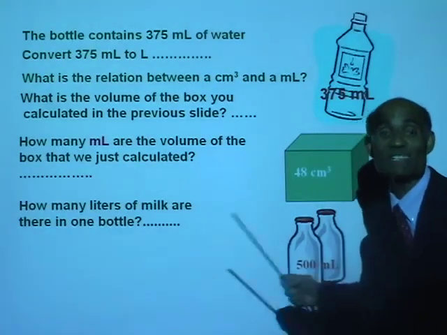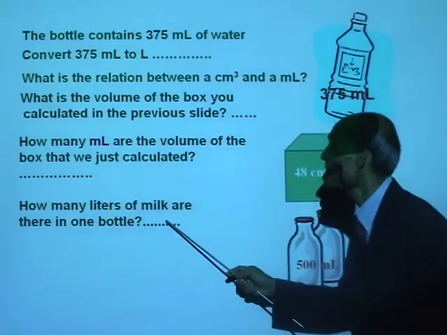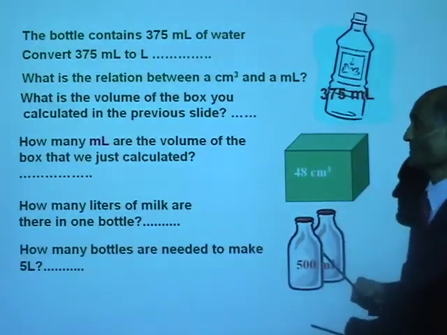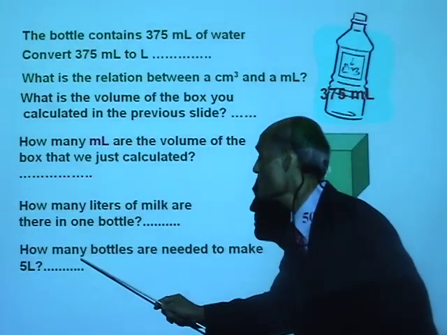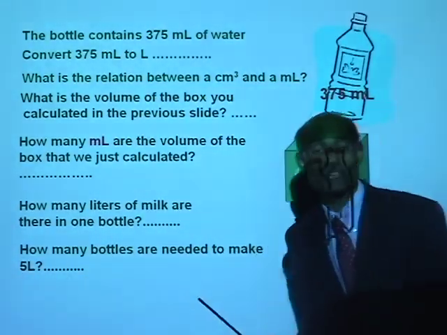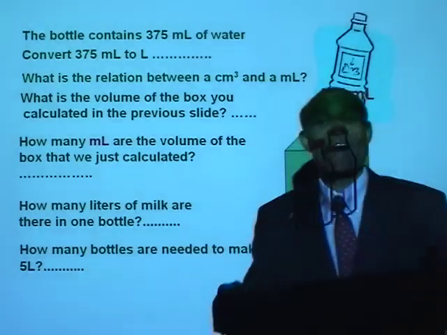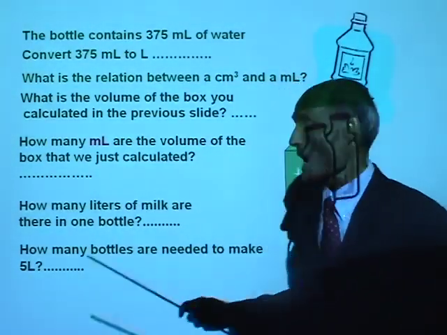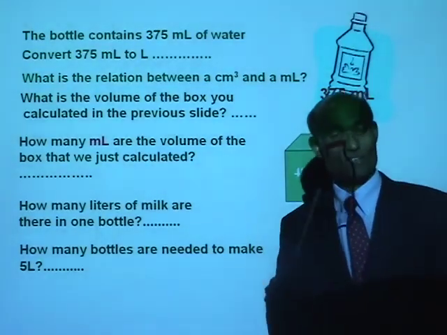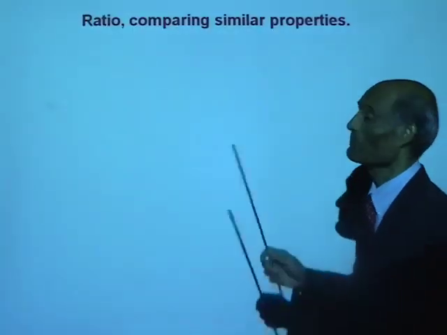How many liters are there? I want you to write that down and make it part of your assignment. Alright, how many bottles are needed to make 5 liters? If I want 5 liters of milk, how many bottles should I have? Alright, do that and send it to me.